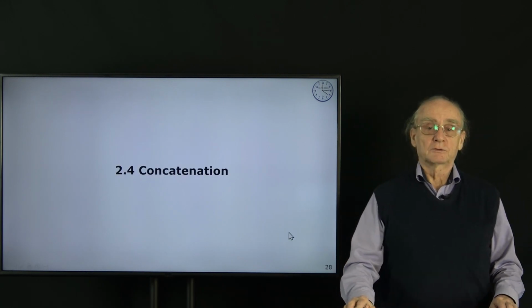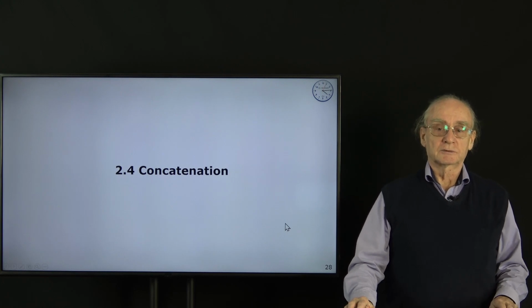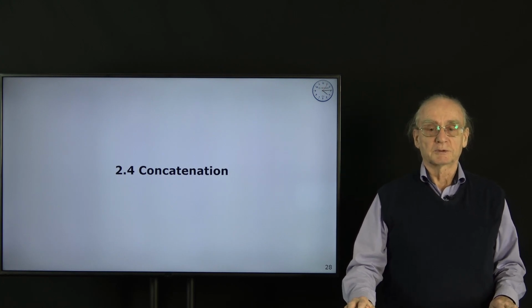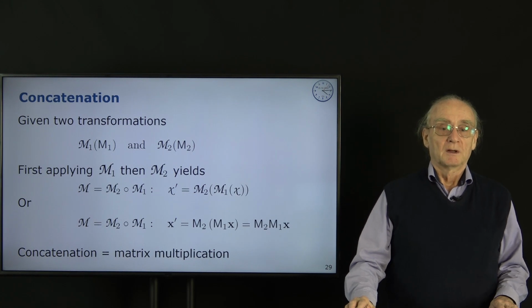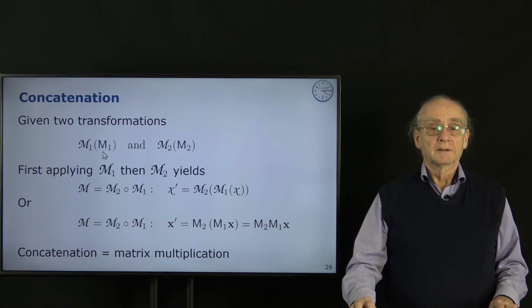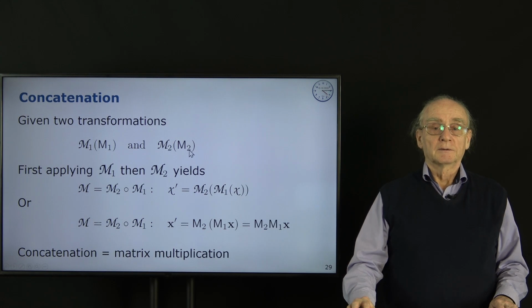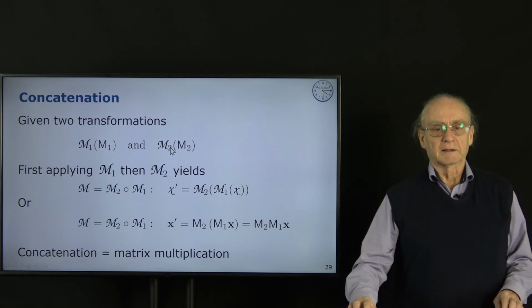Now let's have a look at concatenations. They take us into some problems which we will see immediately. But let's start. So let's assume we have 2 transformations. I call them M1 and M2, and they are represented by some matrices, 3 by 3, M1 and M2. You could imagine these are motions, but they may also contain a scale.